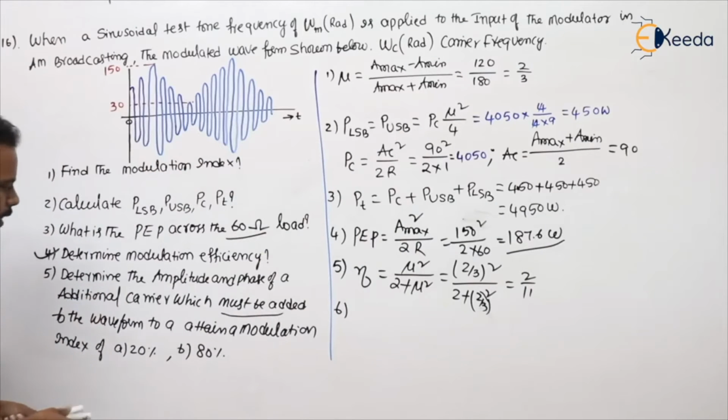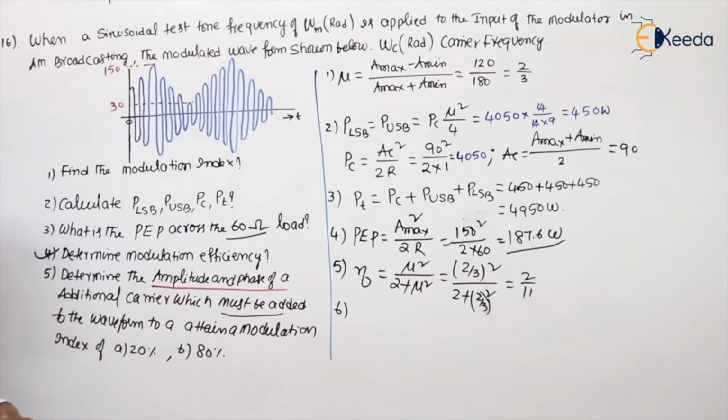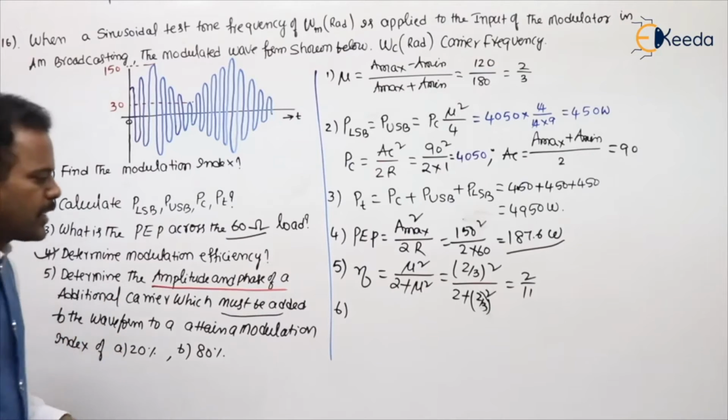Determine amplitude and phase of an additional carrier that must be added to the waveform to attain a modulation index of 20-80%. What is actually the AM signal?